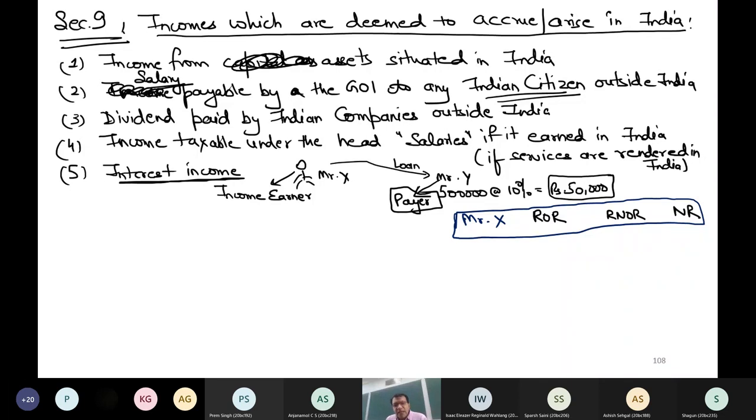He can utilize the amount anywhere, but X says no. Whether this interest income is covered under section 9 or not depends on the purpose for which the borrower has utilized the amount he has borrowed.